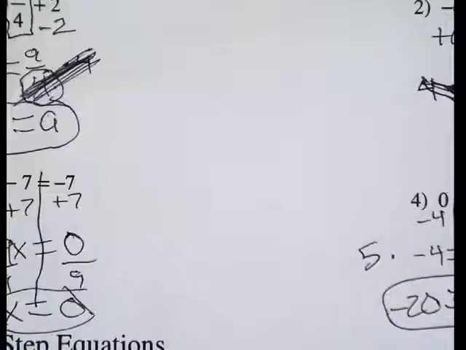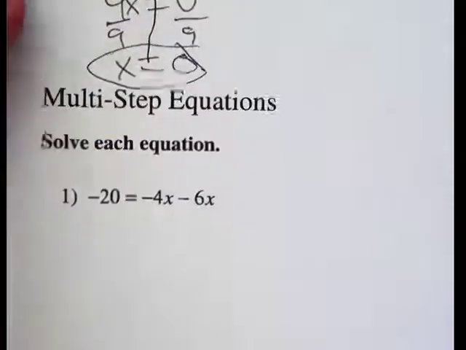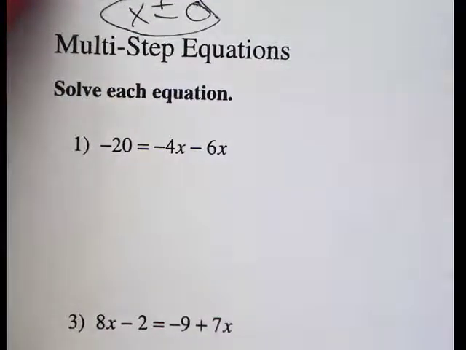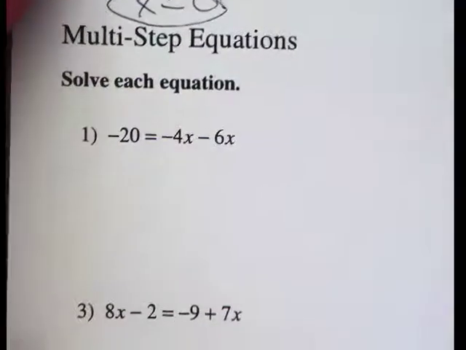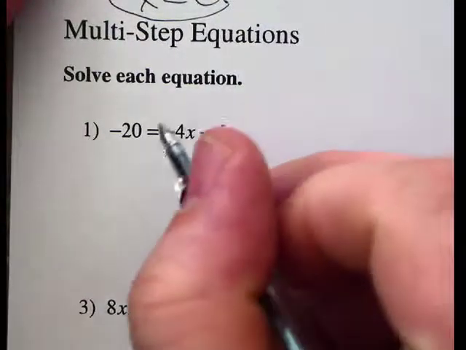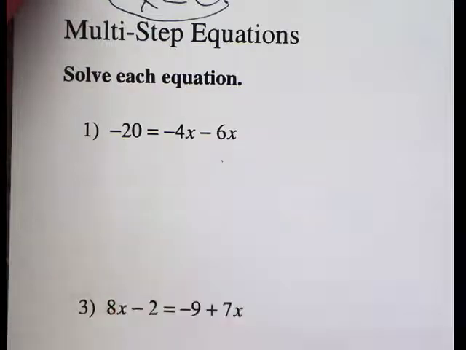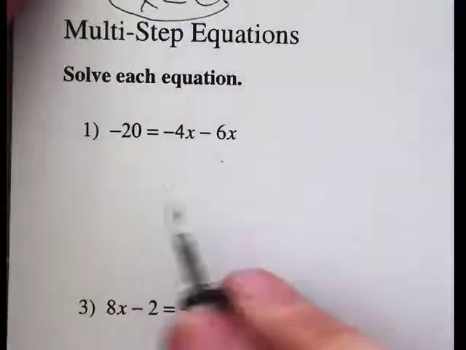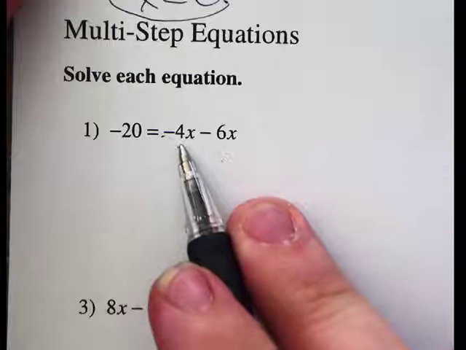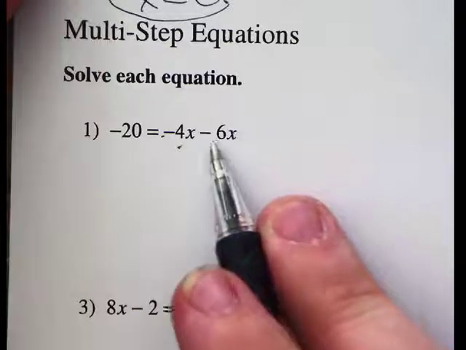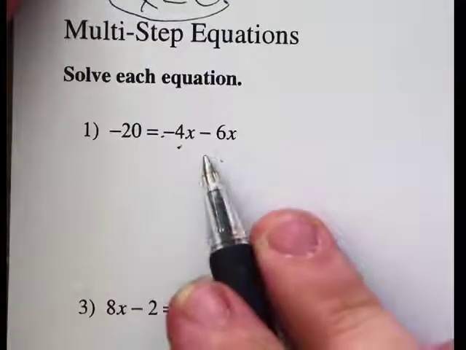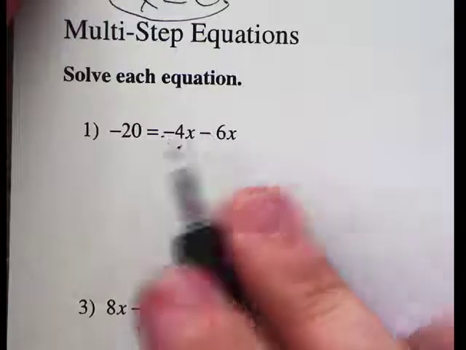Okay. Now, as we move down to these multi-step equations, they have a little more to them, but they're not too bad. Here, for example, if we have negative 4x's and negative 6x's, let's just for now pretend those negatives aren't there. If we have just 4x's and 6x's, how many x's do we have? We have 10 x's. Well, now just put the negative on both of them.